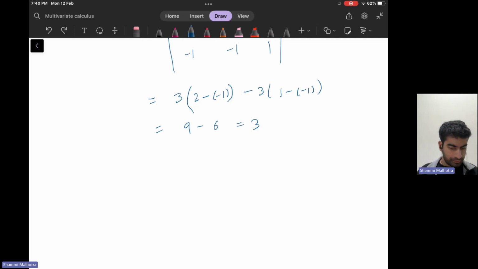So let's have a final question, which is based on finding the maximum value, or absolute maximum value, of a function on a given domain.